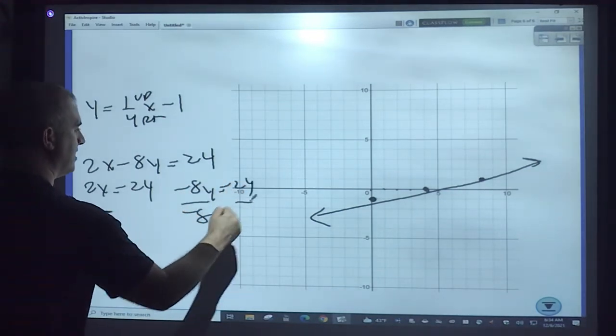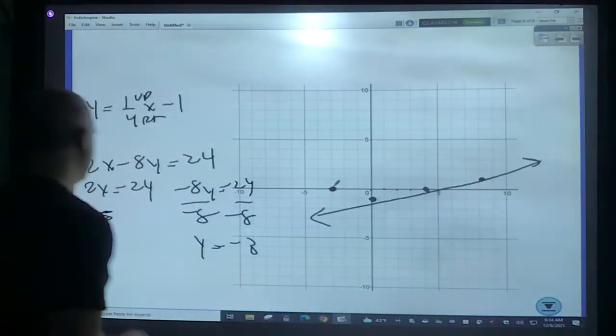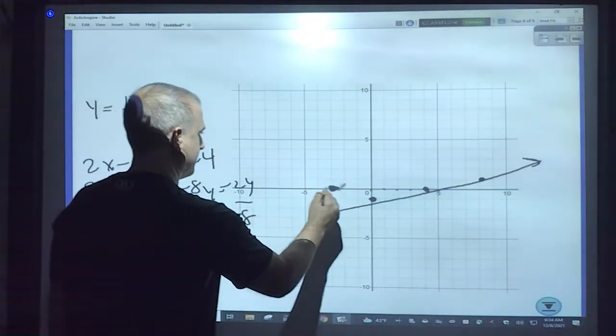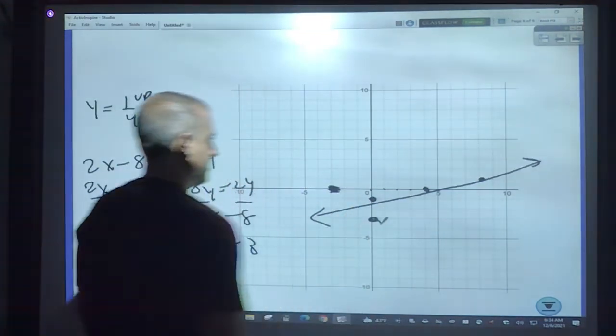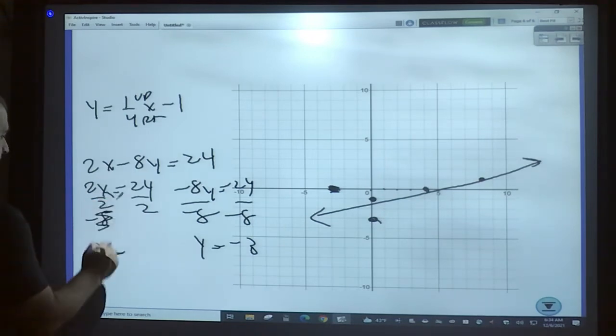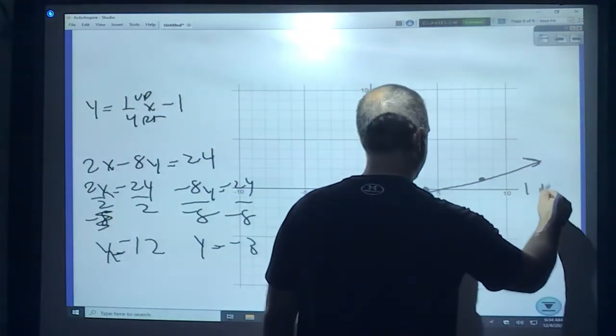Divide by negative 8. I got y equals negative 3, which would be right here. Divide by 2. Oops, sorry, that's not right. It'd be negative 3. And then I would divide by 2 on this. So x is 12. So that's way out here again.